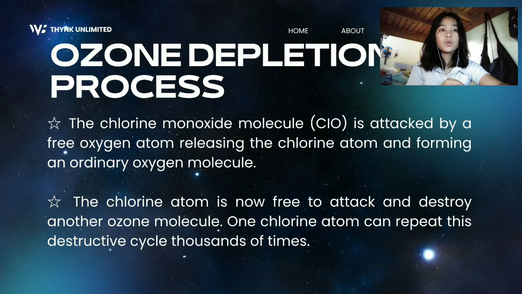The ClO is attacked by a free oxygen atom, releasing the chlorine atom and forming an ordinary oxygen molecule. The chlorine atom is now free to attack and destroy another ozone molecule. One chlorine atom can repeat this destructive cycle thousands of times.